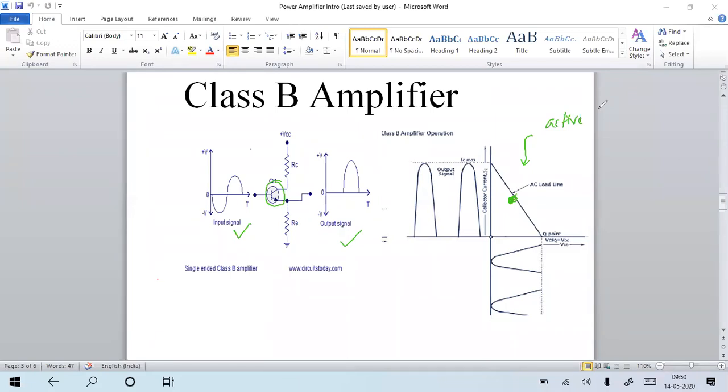That means you should provide VCC, the arrangement of RC, and whatever elements, and the biasing voltage to the base terminal should be given properly, in such a way that you can maintain your Q point at the center of the active mode. If you maintain the Q point at the center of the active mode, then when you give the input, all portions of the input will be amplified.